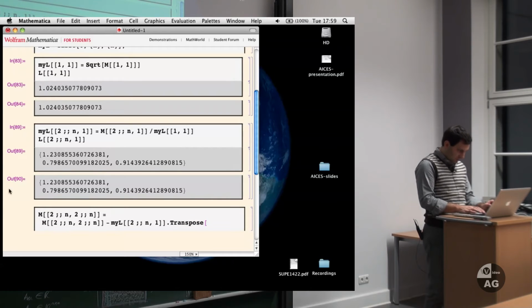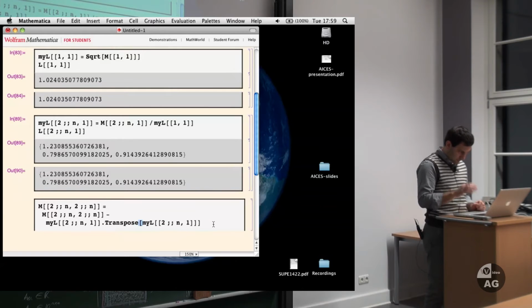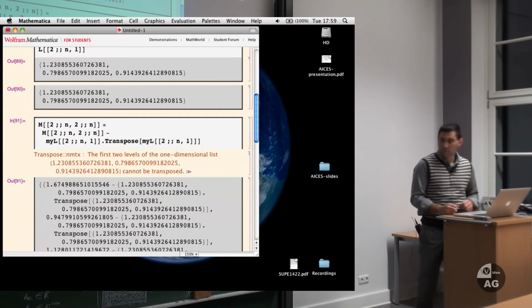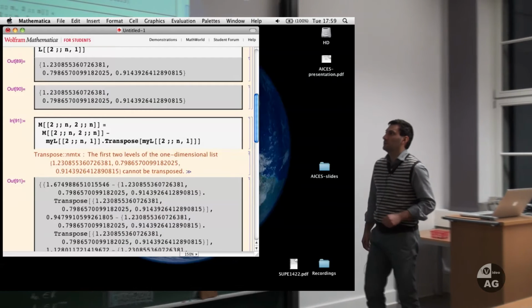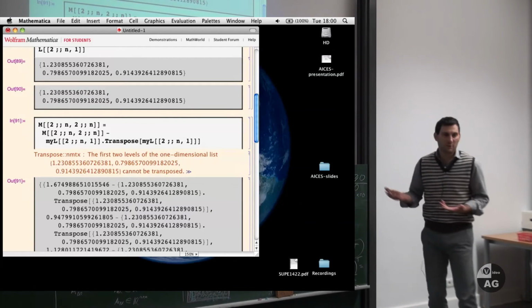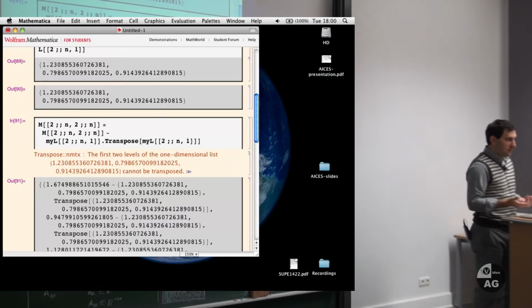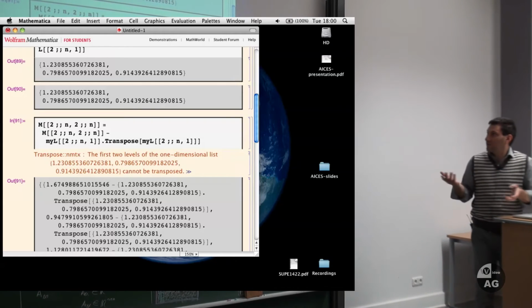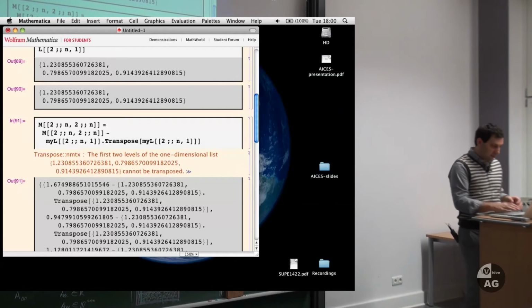Of the same object. The first two levels cannot be transposed. What do you mean? What did we do wrong? I mean, we did it collectively, I'm pretty sure, and we have done it already.